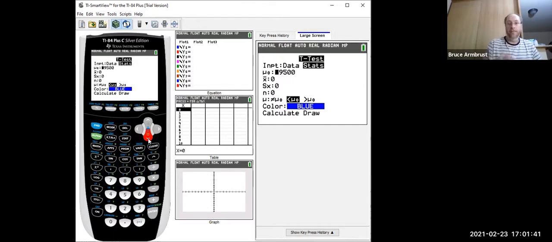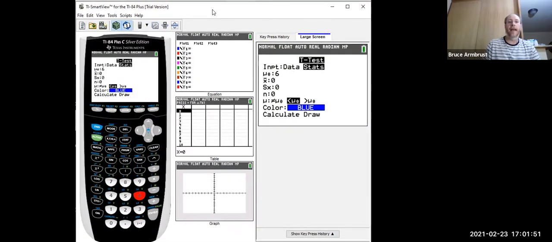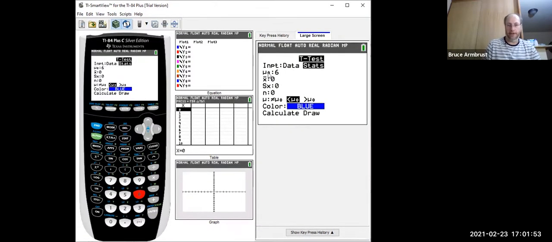What we're checking against is the mean of 6. If you go back and look at the question, it says that on average, people have to wait 6 hours. So that's what we're testing against.